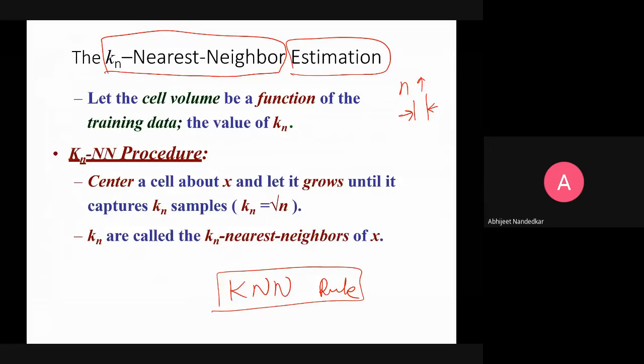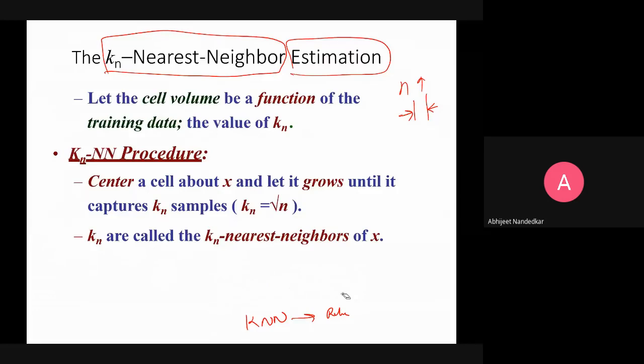Don't get confused between these two in the exam. So whenever I say simple KNN, it basically represents the KNN rule. And whenever I say K nearest neighbor or KNN estimation, it represents what we are seeing currently.